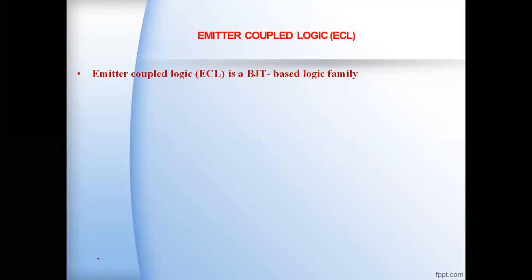If you see the characteristics of this emitter coupled logic, the ECL is the fastest logic family of all the logic families, even compared with CMOS. The propagation delay of this emitter coupled logic is 1 nanosecond.